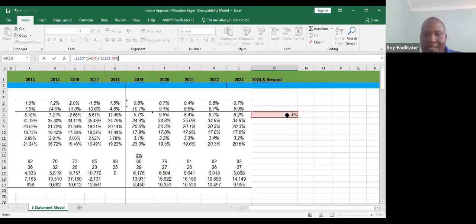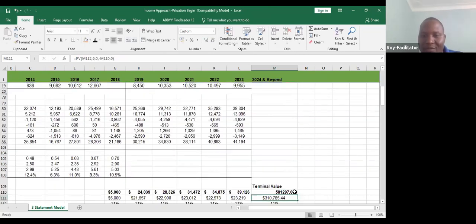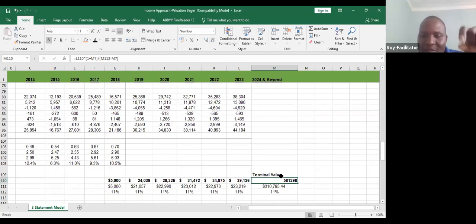So when I do that, it will give me now the value as at this year and beyond, at 2024. So what I need to do to now have the terminal value as at present, I will just extend the formula again.